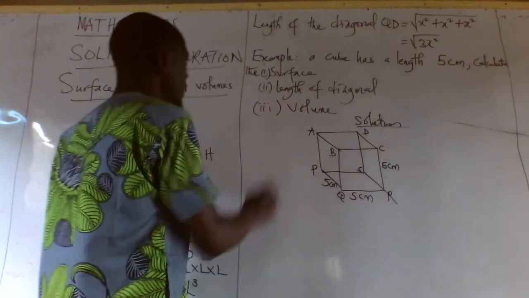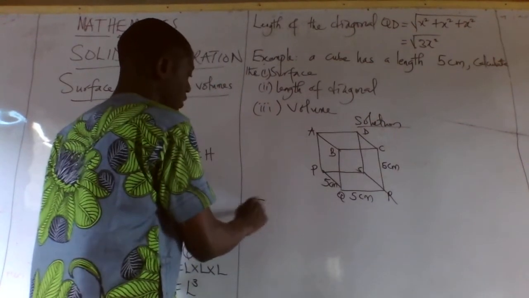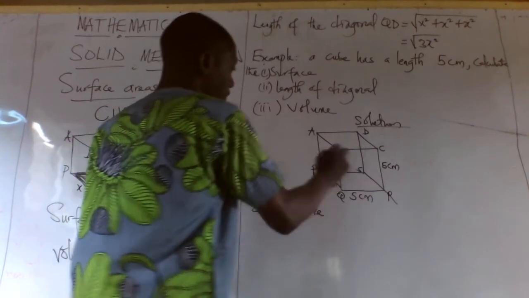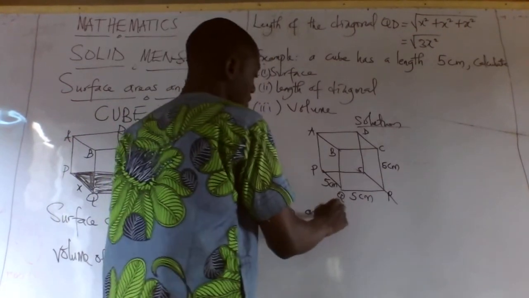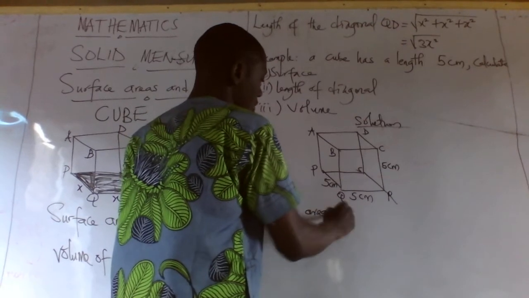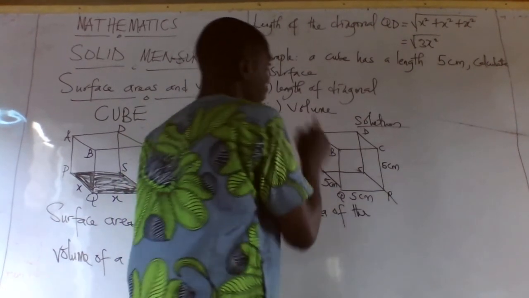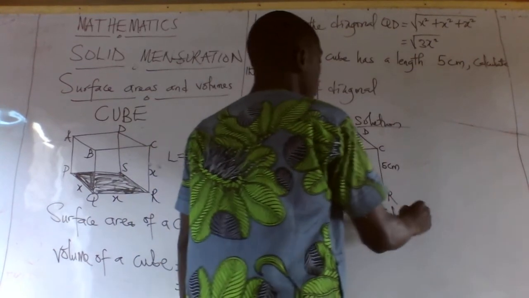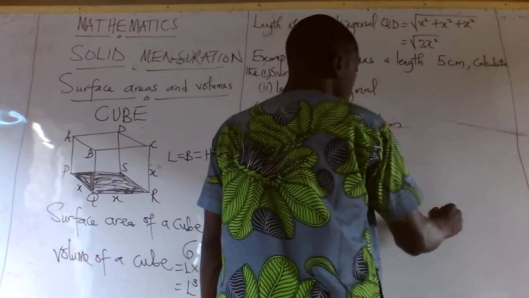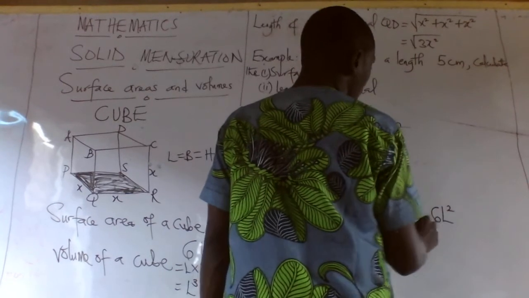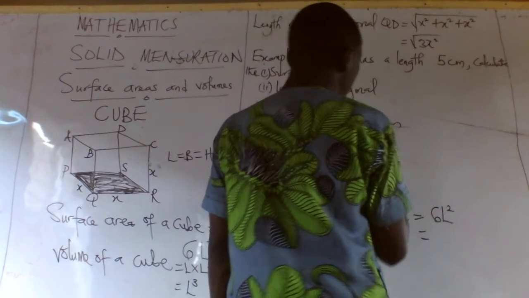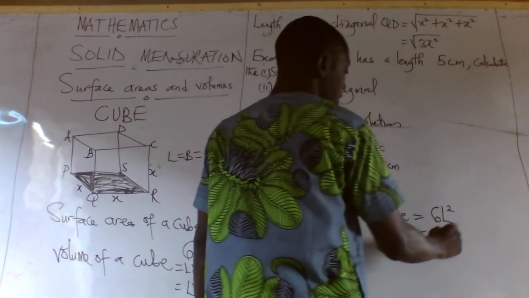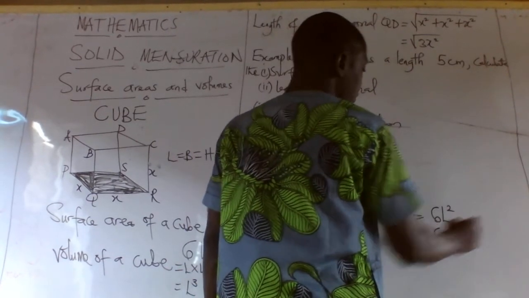So the surface area of the given cube equals 6L squared, and our L, the length, is 5, which is 6 times 5 squared.